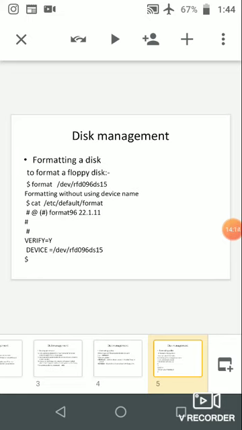Suppose you have to format the 1.44 MB floppy disk present in drive B, you would use $format /dev/RFD1135DS18, for example. So in this way we can use this type of formatting command. We will continue these things in another session of lecture.